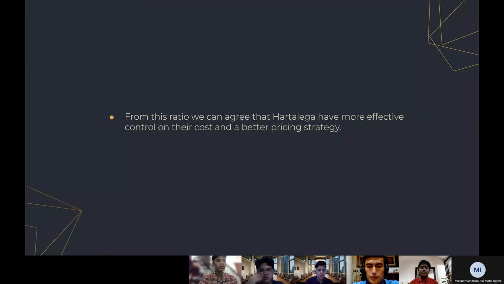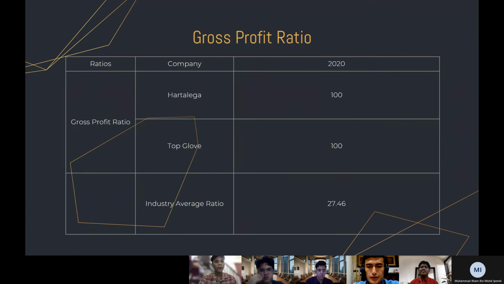Third one is gross profit ratio. A higher gross profit ratio indicates the efficiency and effectiveness of operation in the firm, thus highly achieving profits. So a company that has a higher gross profit ratio than the industry gross profit ratio shows that they have more efficient and effective operation.